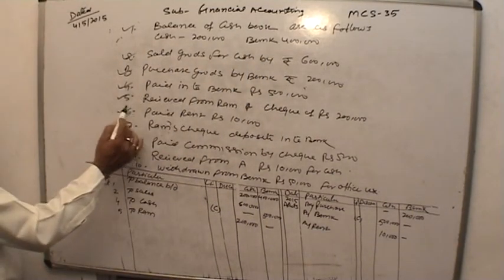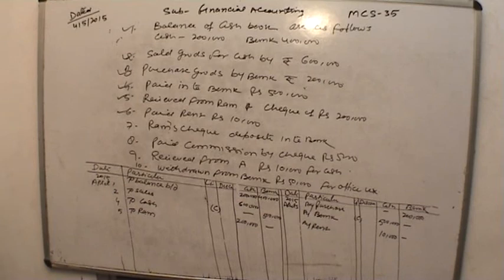And then Ram's check deposited into bank. The check received on 5th of April is deposited on 7th of April by passing the contra entry.